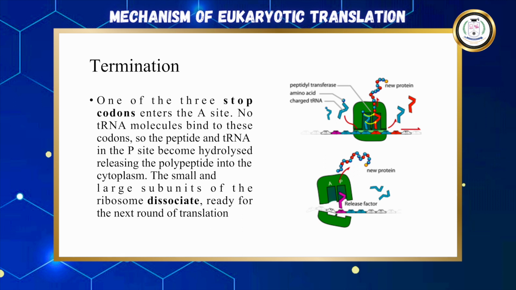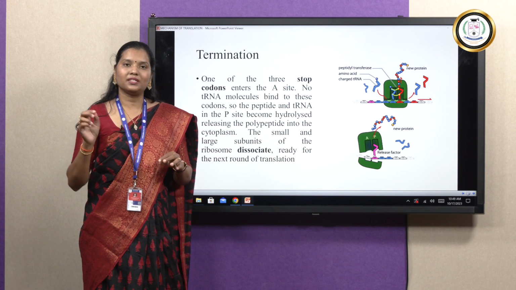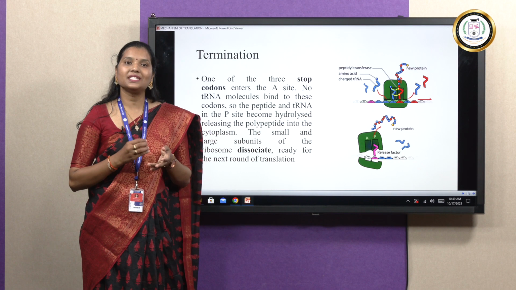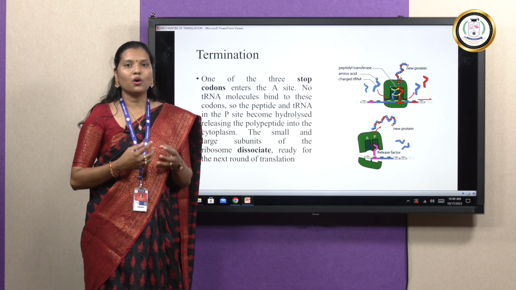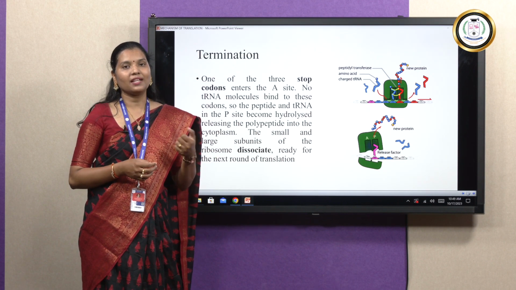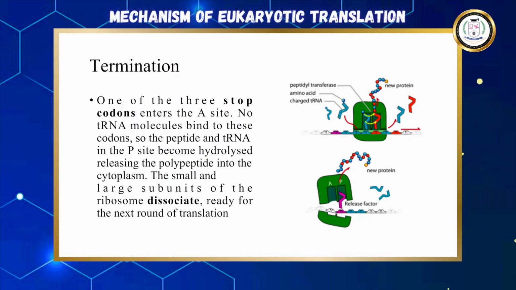Once the growing polypeptide chain has grown to the required length and the ribosome has read the stop codon, this complex, that is the peptidyl transferase, GTP and the release factor, together breaks the peptide bond between the polypeptide chain and the tRNA in the P site, because every tRNA after forming the peptide bond will shift to the P site, leaving the A site empty for the next tRNA to join, right?